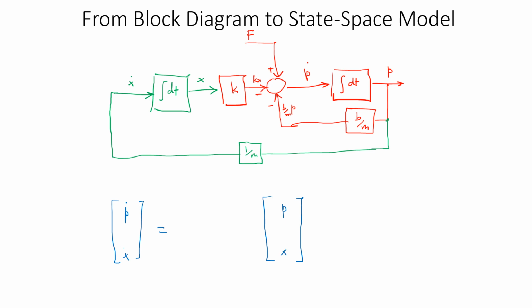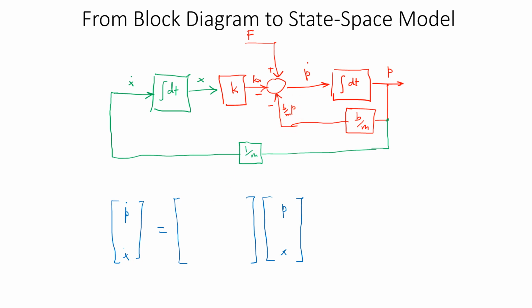Now over here for the p dot, you can see that this is going to be equal to whatever is being fed to the summing junction. So you can see that it accounts for quite a few terms in that. But the term corresponding to p is going to be written first, which is over here.